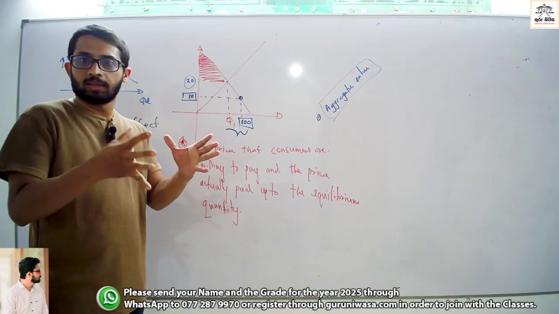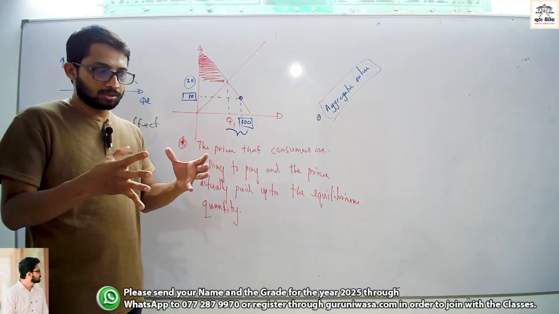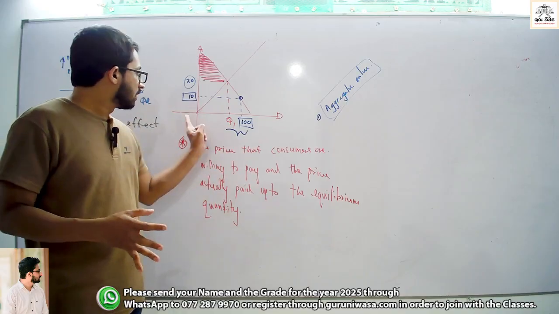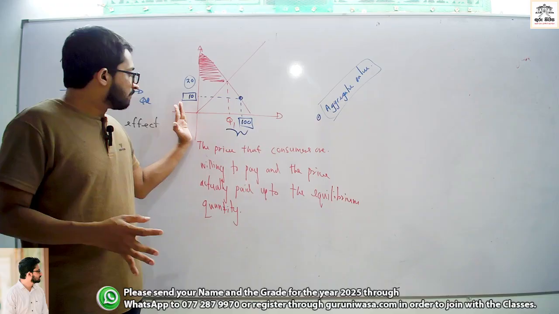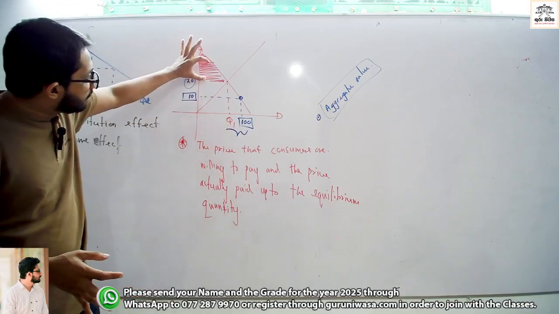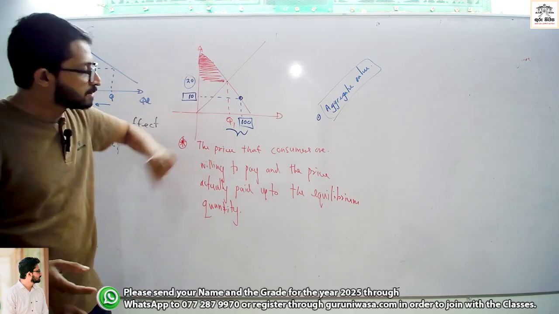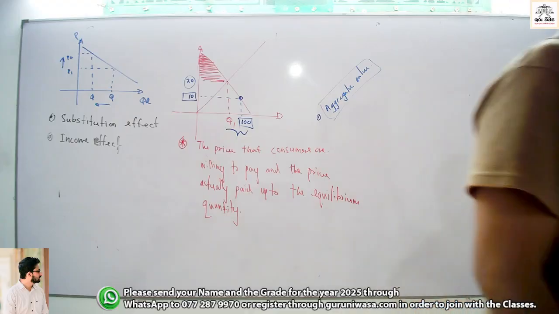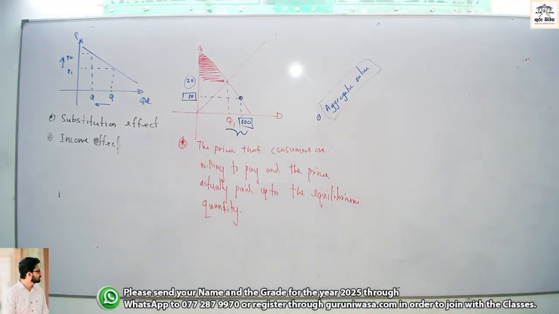Total benefit of consumers from zero to equilibrium quantity. We add all benefits from this point to this point, all benefits of consumers. Clear? Sanuli, are you okay? Clear, sir. Nipna? Yes, sir.